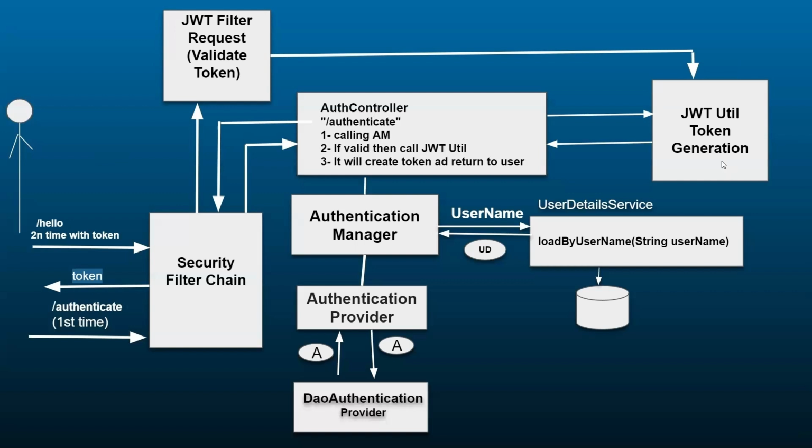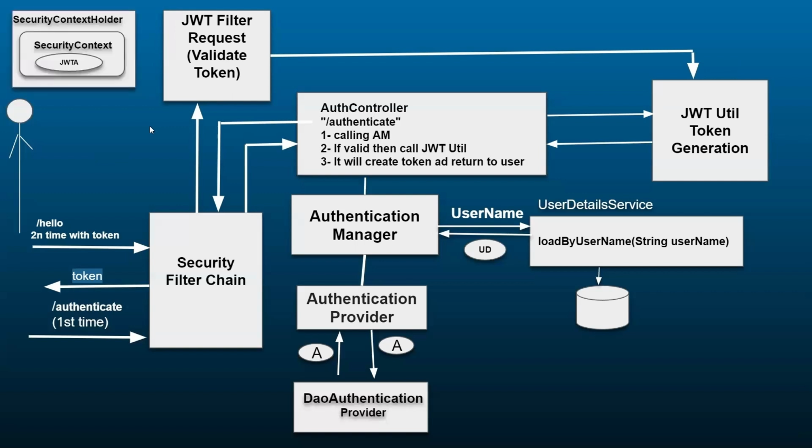Once it validates successfully, the JWT filter gets to know this is a valid request. After this, it will create a security context holder and store the JWT authentication object inside it. After this, it allows the HTTP request to access the slash hello API.